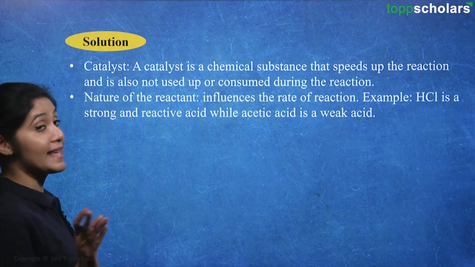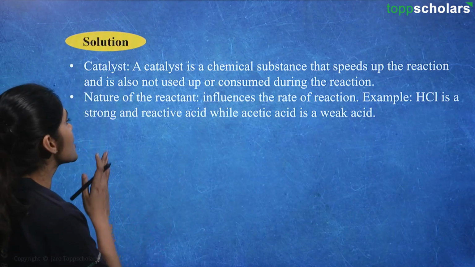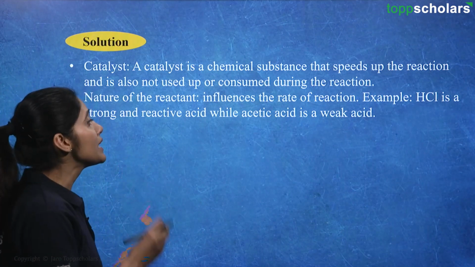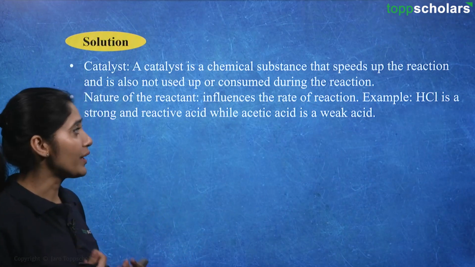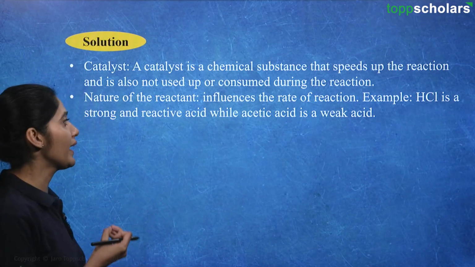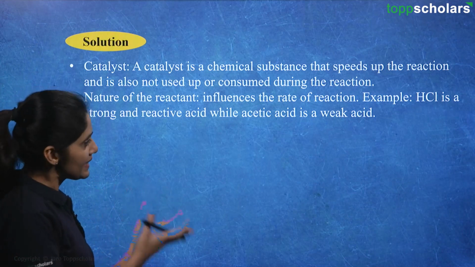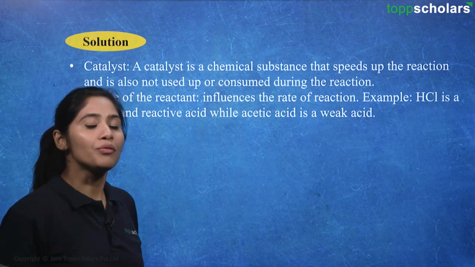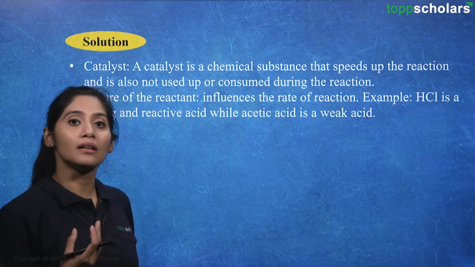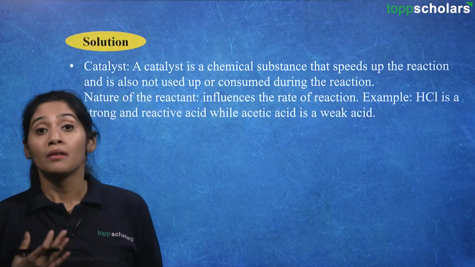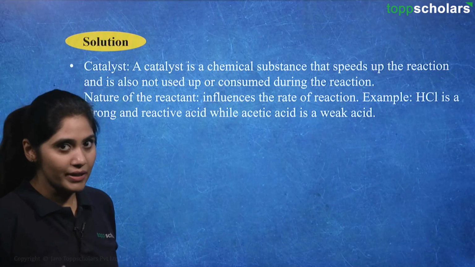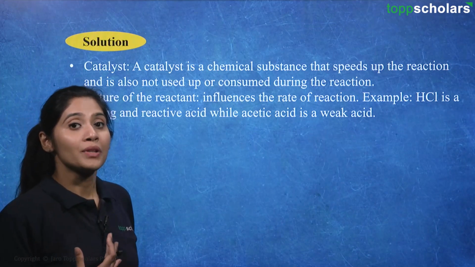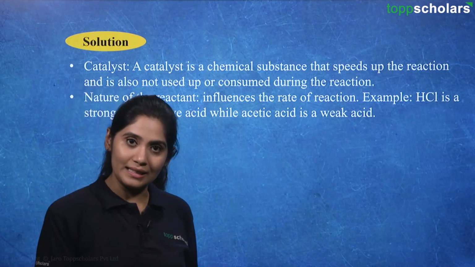Okay. The second factor is the nature of the reactant. It influences the rate of reaction. For example, HCl is a strong and reactive acid, while acetic acid is a weak acid. It also has much to do with how the elements contained in it belong in the reactivity series, and what the reaction process is.